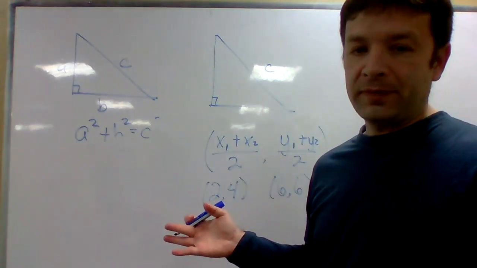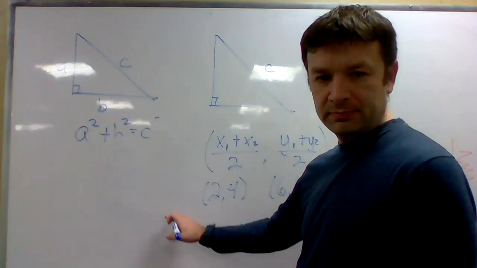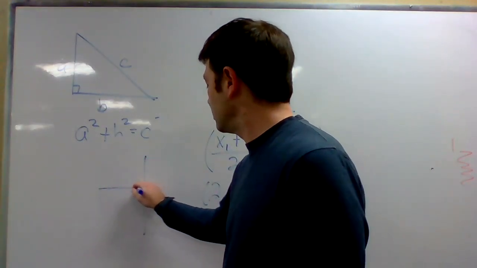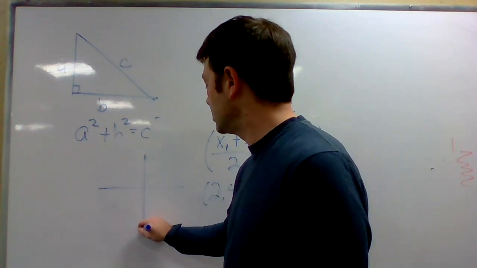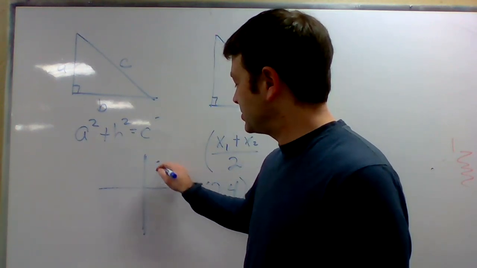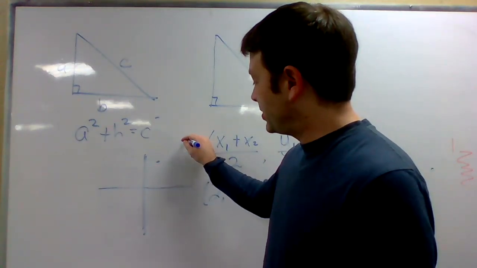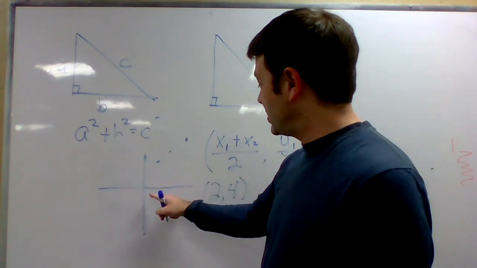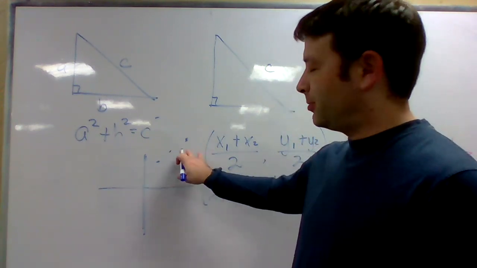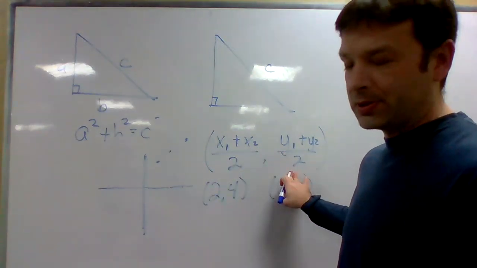You don't need a graph to work this. 2, 4 might be somewhere around there, over 2 up 4. 6, 6 would be somewhere up there. So the midpoint will be somewhere in between those two. Okay? You don't need a graph to figure this out. You just need to average the x values and the y values.